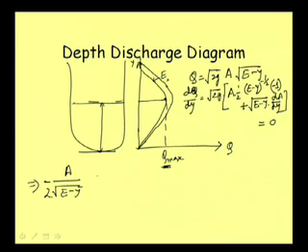Area is there, then plus this term, root over E minus y into dA dy, and we know that dA dy is nothing but equal to T. So, we can write this as T.